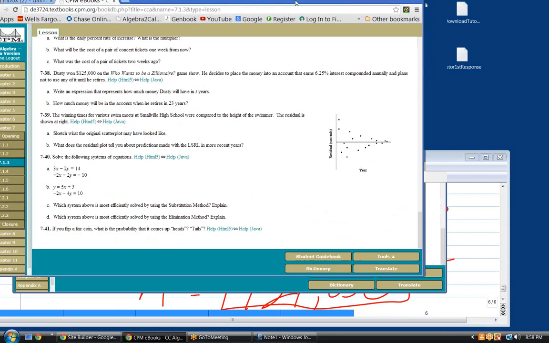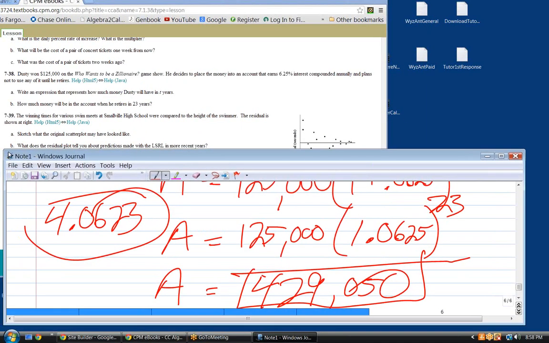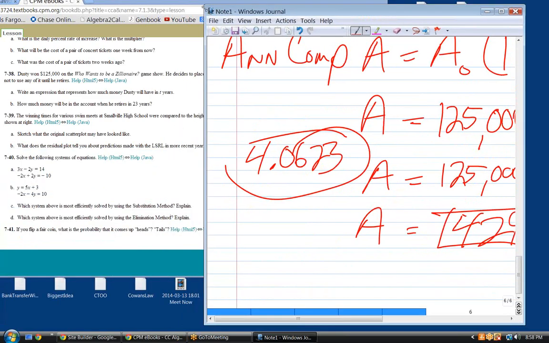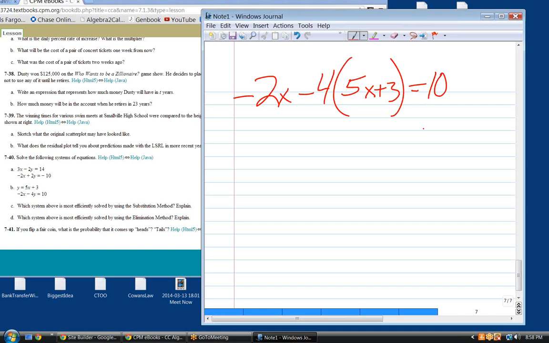So I simplified the second part of the negative 2x, and I did negative 2x minus 4, and then I plugged in what the y equaled, so I did 5x plus 3, and then equals 10. Now what?